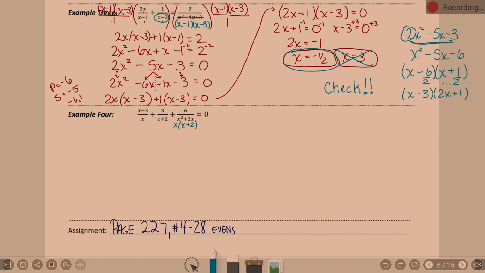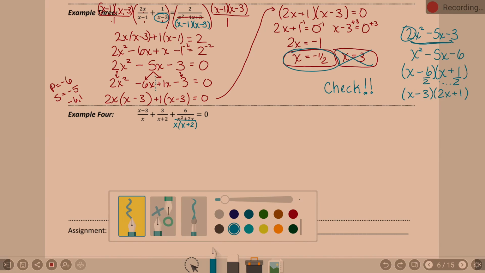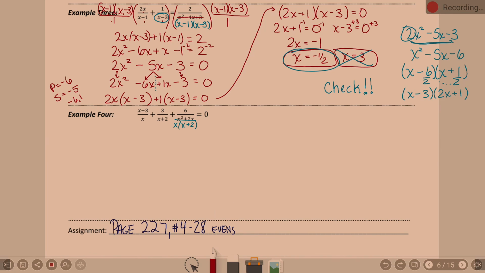It's not a product and sum factoring that you were maybe expecting, but there's a GCF of x. So if I factor that, that is x and x plus 2, and what just so happens to match up? It's matching up with the other denominators, right? So use all of your factors as what you multiply by.